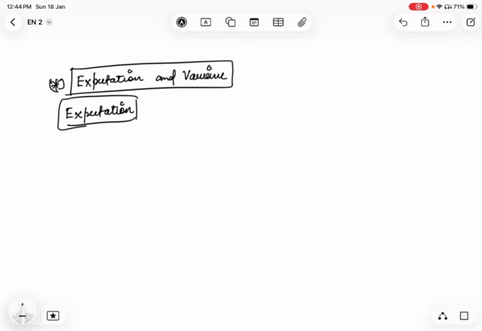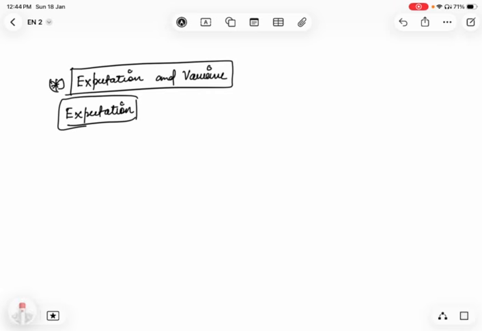So expectation. What is expectation? In expectation, it's just a mean. That is, what is your expected value? So its formula is written as E(X) is nothing but, okay, 1 minute.